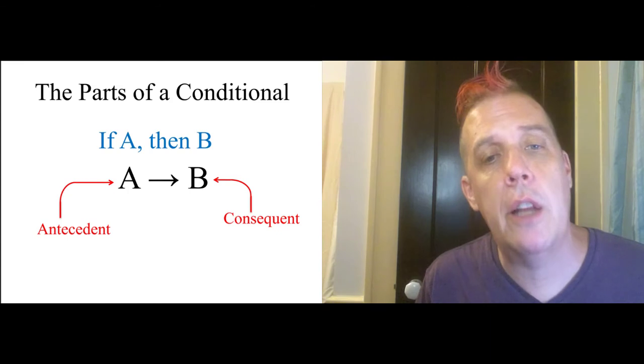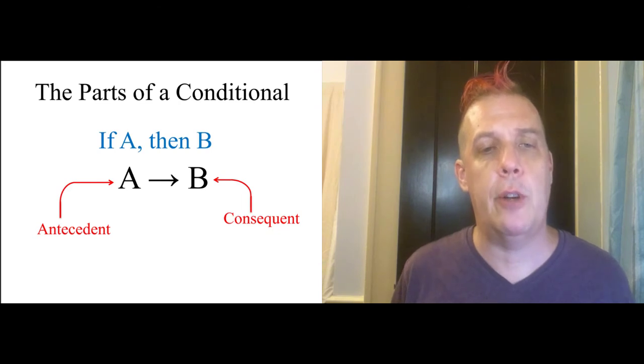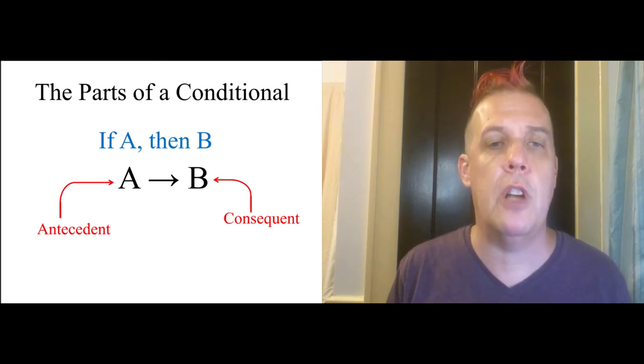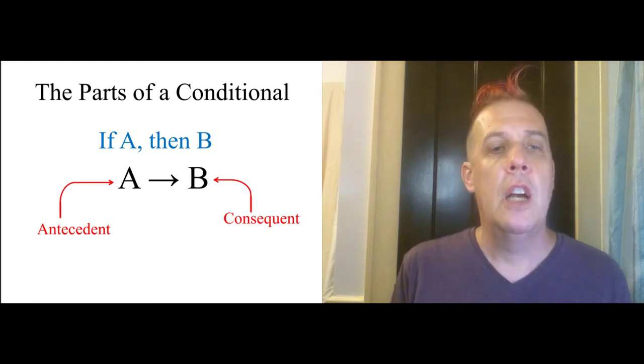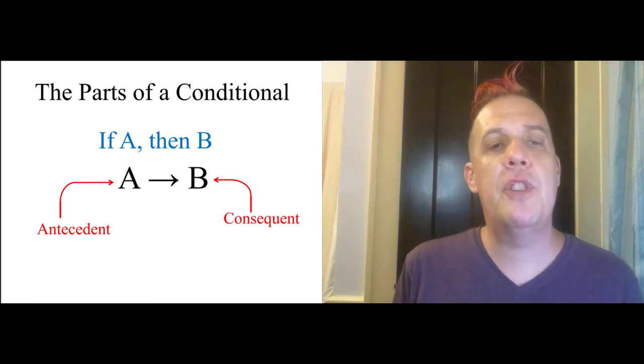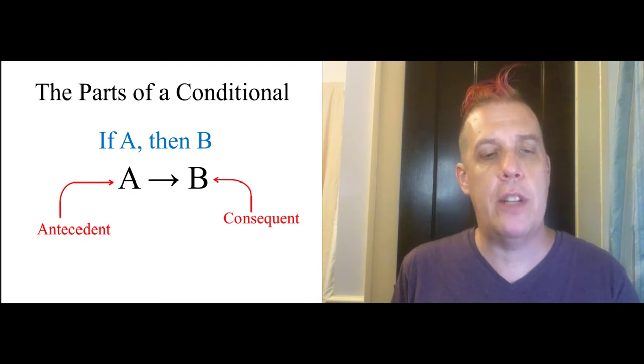All of our symbolic terms, all of our sentential connectives have some technical vocabulary that goes with them that's useful to know. It makes it easier to refer to the parts of what's going on. So if we say if A, then B, the A is called the antecedent and the B is called the consequent.